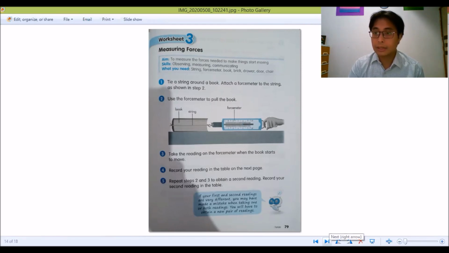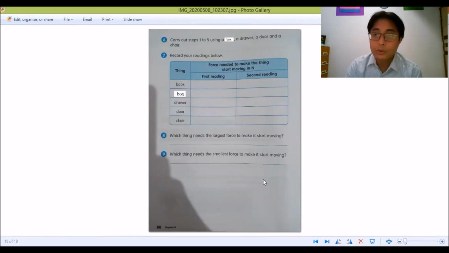So let's look now at page 80. Please get your activity book so that you can follow each step. Okay, so here number 6 says carry out steps 1 to 5 using a box. This one is a brick in your book, but I changed it into a box because I don't have a brick.